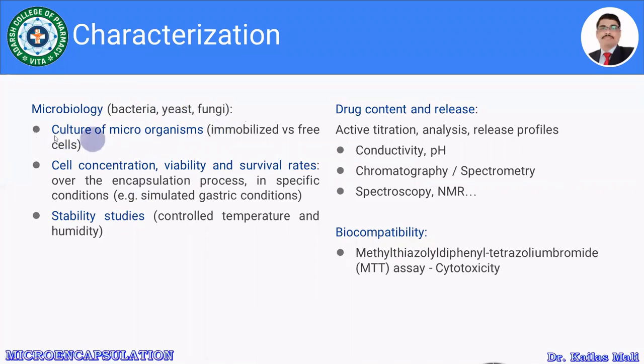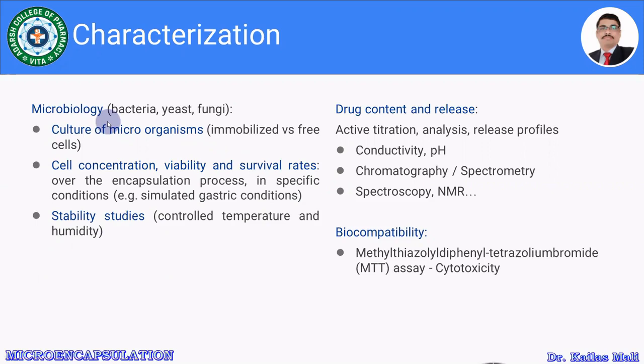So we have to go for the culture of microorganisms, that is immobilized versus free cells, then the cell concentration, then its viability and survival rates over the encapsulation process in specific conditions, for example simulated gastric conditions, and finally the stability studies at a controlled temperature and humidity. So this is about the microbiology study.